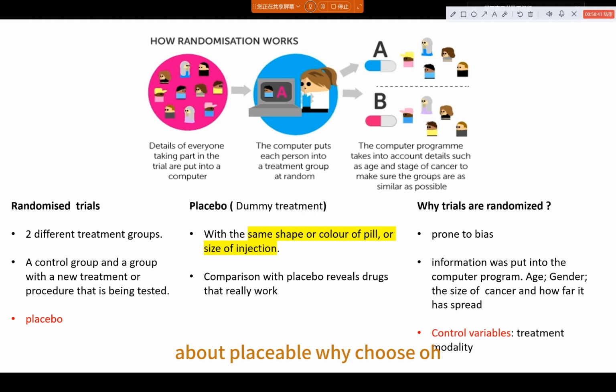Why are trials randomized? Because researchers may be biased without realizing it.